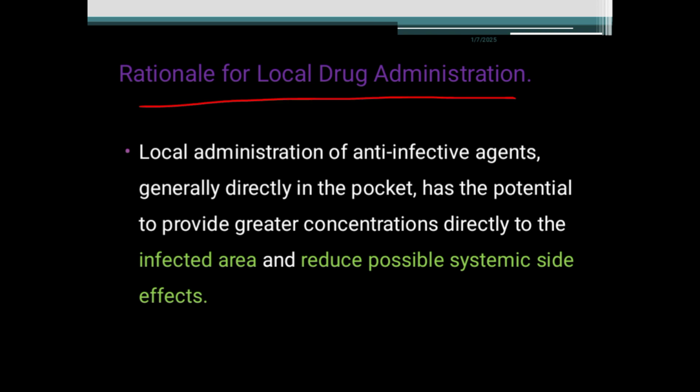In the previous video, I told you that the rationale for systemic drug administration was, number one, to control the bacterial infection; number two, to protect the tissues, because a substantial amount of tissue was being traumatized; and third, to reach bacteria inaccessible to mechanical instrumentation. Now, what is the rationale for local drug administration?